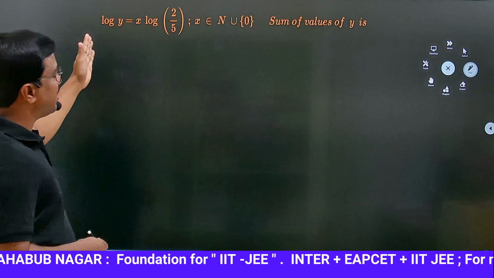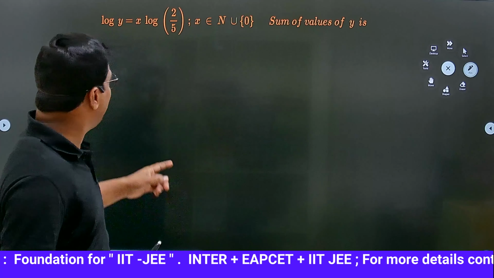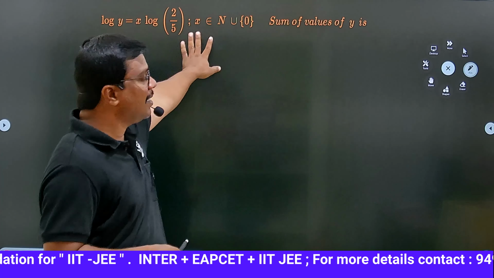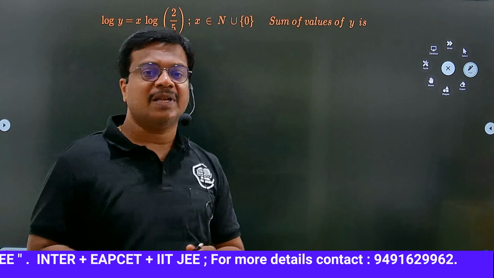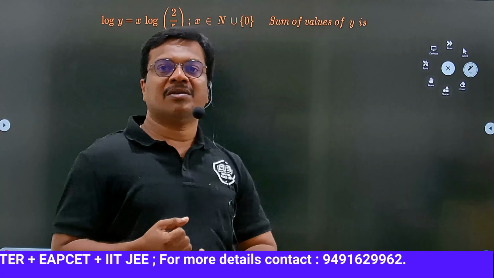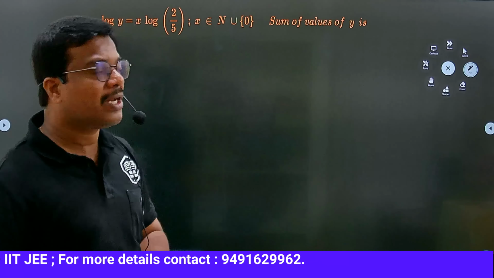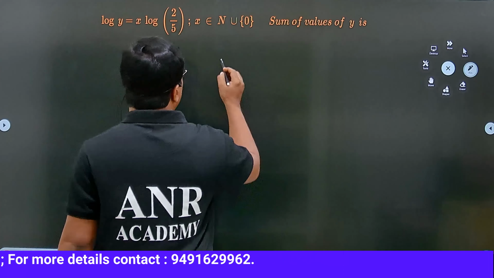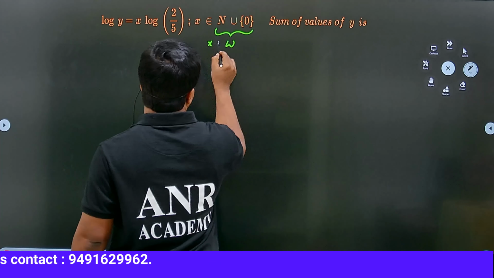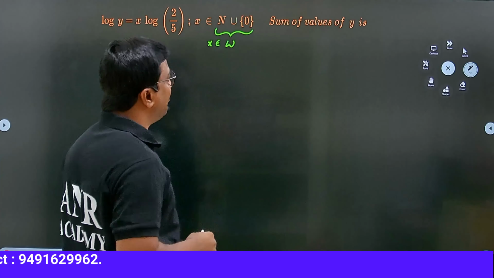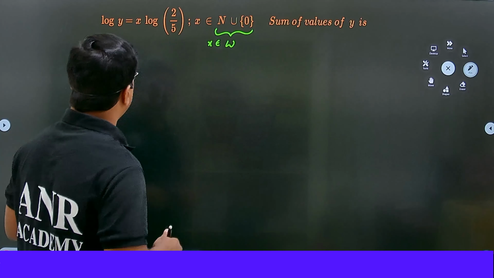Left hand side there is one variable y, and in the right hand side another variable x, and the x values are natural numbers including 0, so x values are whole numbers in this case. The requirement is the sum of values of y. Let us see the solution.